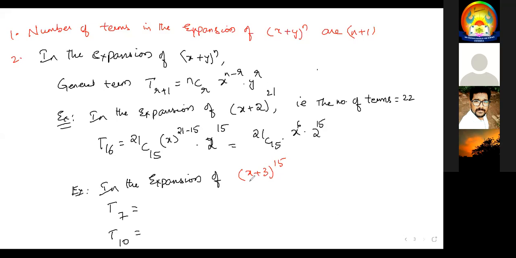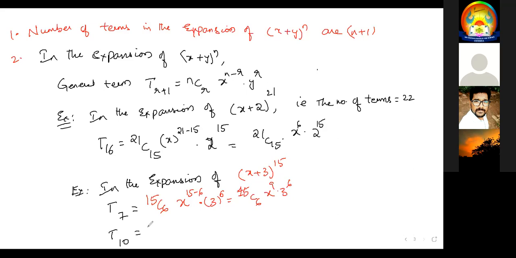You didn't understand, listen. Whenever you write the 7th term, it is 15C6, one you should decrease. That is 15C6 into x power 15 minus 6, that is x power 9, into 3 power 6.